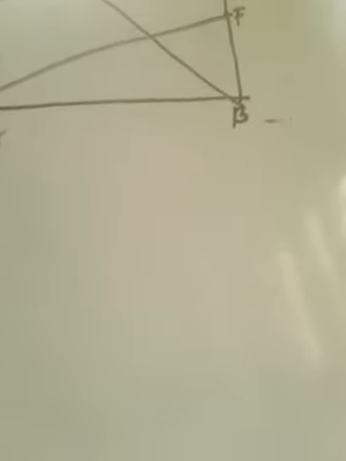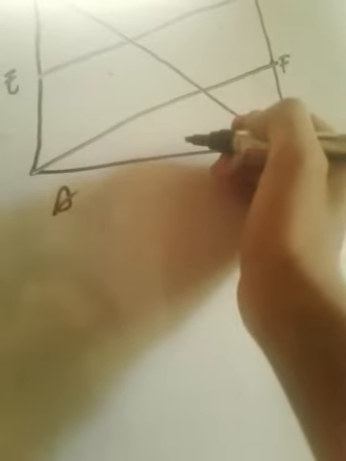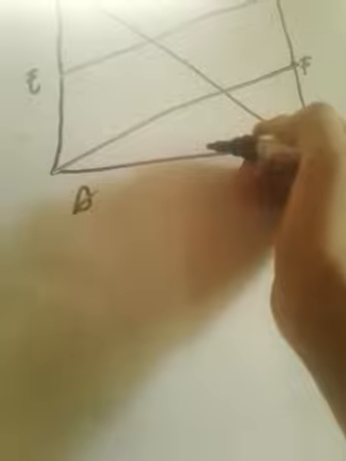So let us name it here. This is P. We have to prove that CE and AF trisect diagonal BD.